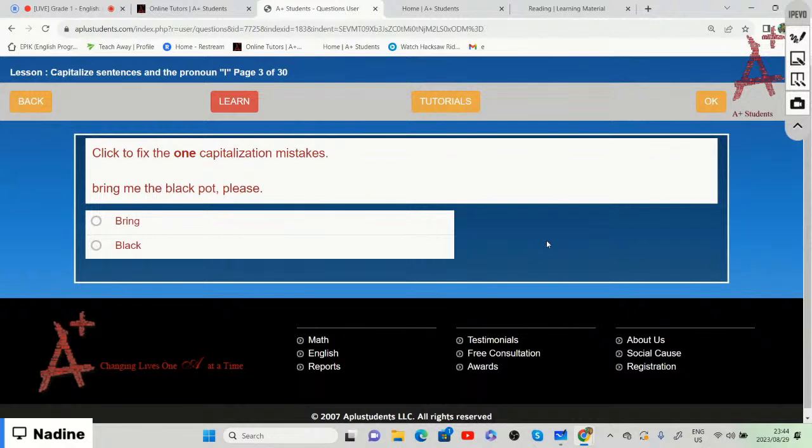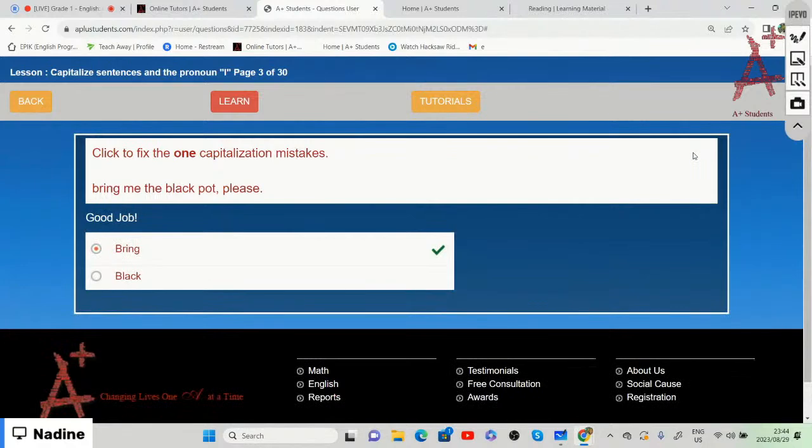In this case, it is bring, because bring is the start of the sentence, and we said the sentence starts with a capital letter. So we need to write bring with a capital letter because it's the start of a sentence.